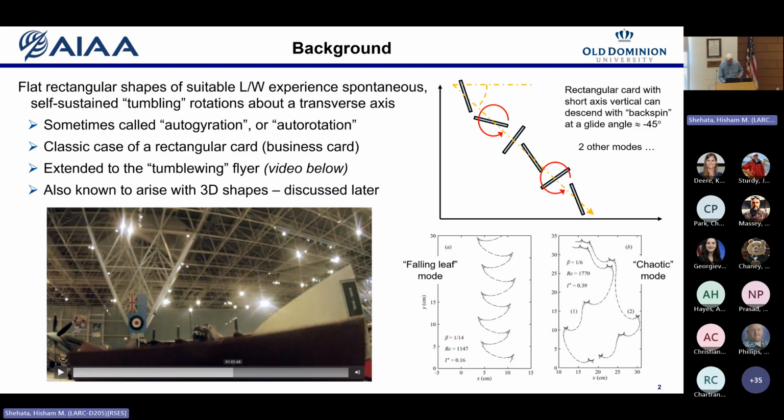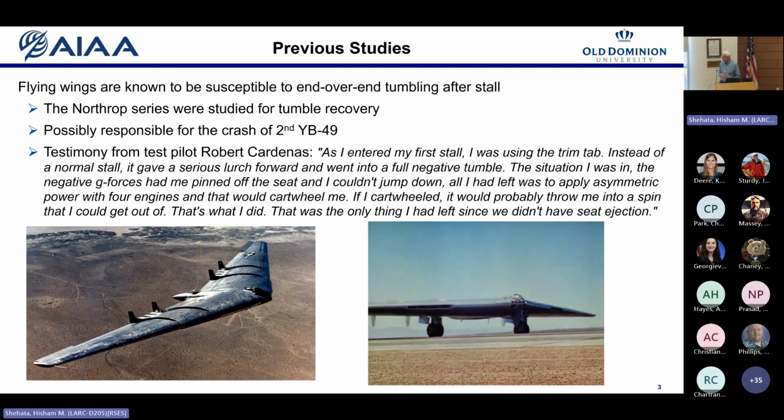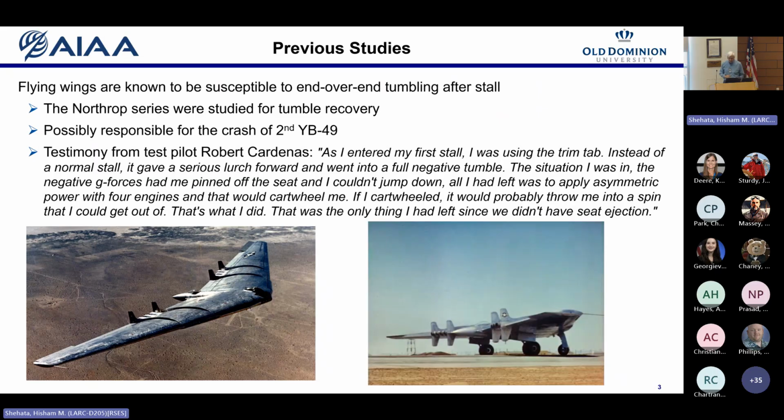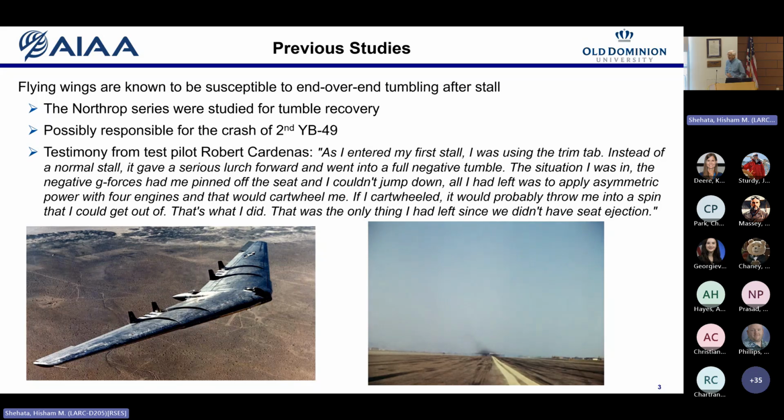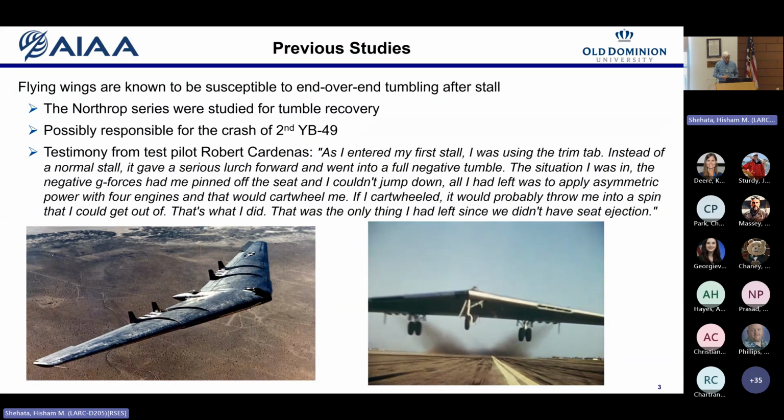So, okay, some background. It extends to regular aircraft, quote, regular aircraft, and the Northrop flying wings were apparently susceptible to this phenomenon, and the YB-49 had an end-over-end tumble instability, which sounds really scary and was probably the reason for the fatal crash of the second prototype.